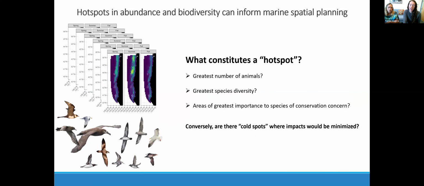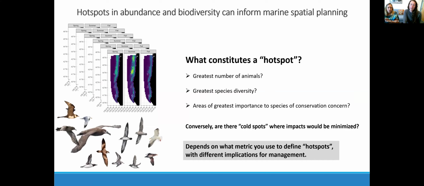And so to circle back to this question of what constitutes a hotspot, it really depends on how you define it. And that has substantially different implications for how this can be applied. To step back a little bit, we as the scientists put a lot of effort into collecting the data, and then our work begins with analyzing the data, and we can quantify and carefully measure and account for various levels of uncertainty and make these really informed maps based on our analysis.